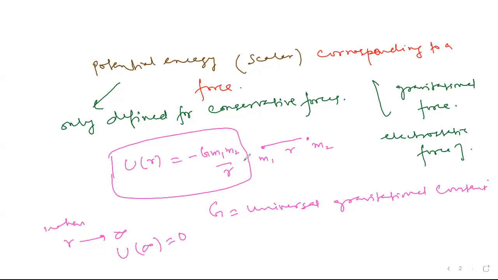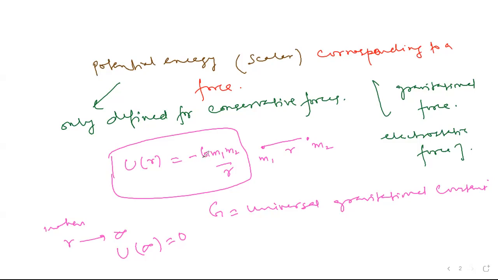I repeat, the potential energy stored in a system of two masses when they are r distance apart is minus G m1 m2 by r, assuming that the potential energy is 0 when m1 m2 are separated by infinite distance, right? So you can see this potential energy is only negative.